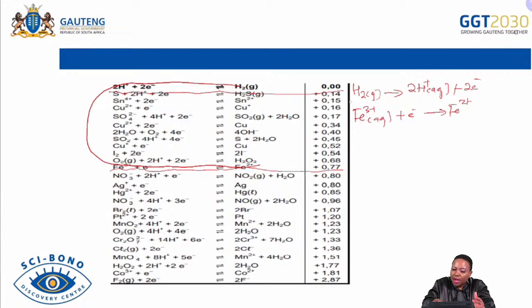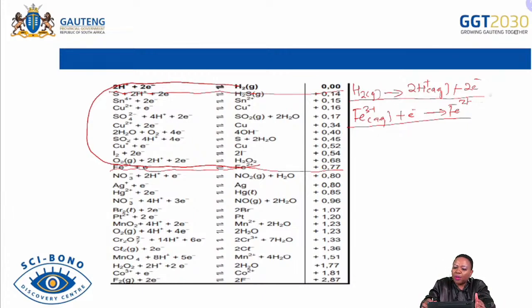cathode. When I look at the first half cell of hydrogen, I can see I don't have any electrode because there's no solid that can conduct electricity here. So in that instance, we need to provide the electrode. For a galvanic cell, we normally provide inert electrodes such as platinum.